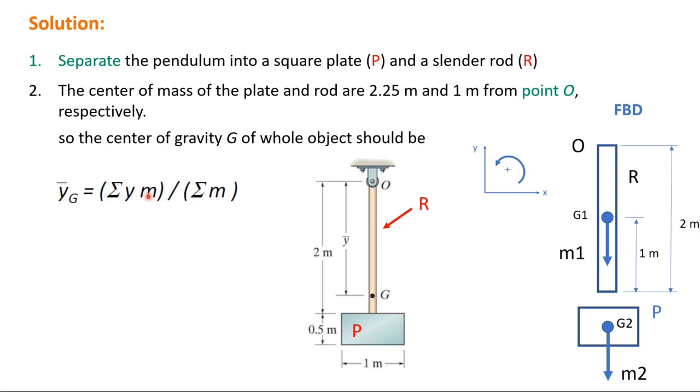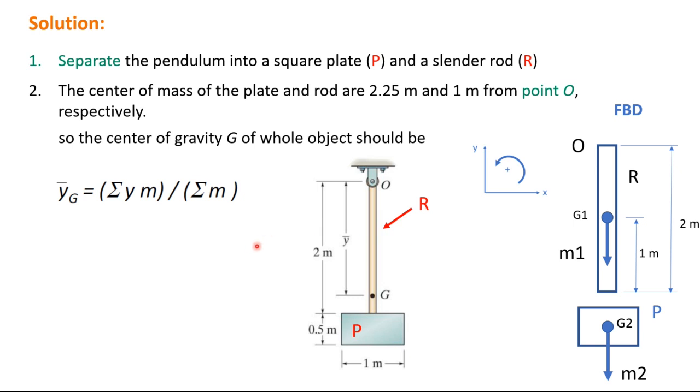Step 3: the center of gravity for the whole object, y bar G, is equal to the sigma of y multiplied by m divided by the sigma of the masses. So this will be the sum of the individual centers of mass multiplied by the mass of each body, divided by the sum of the masses of all the bodies.